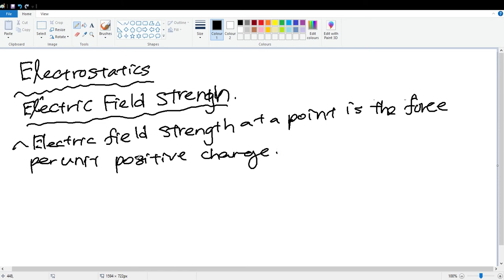So basically, the formula is E equal to electrostatic force divided by the total charge.